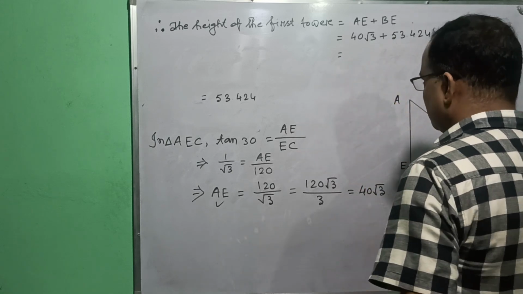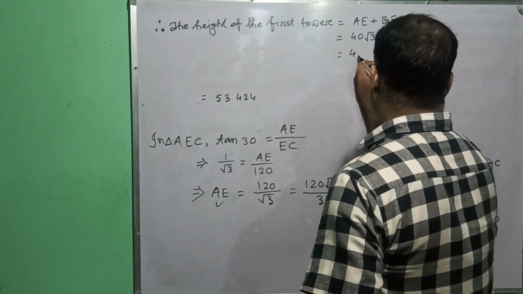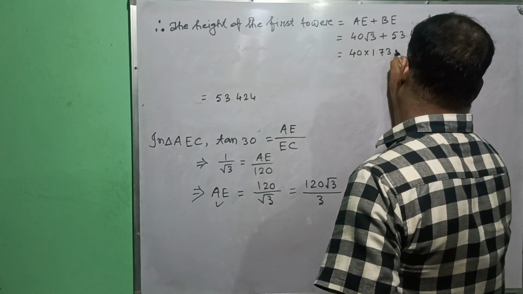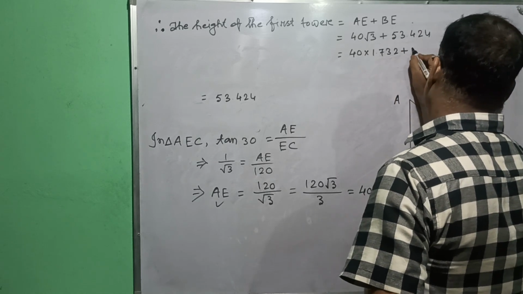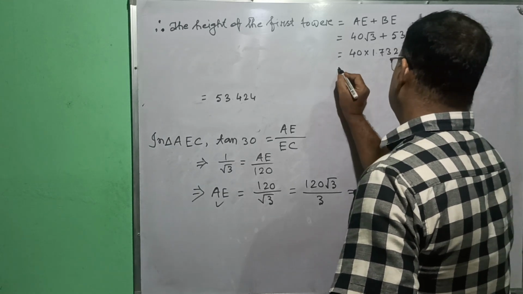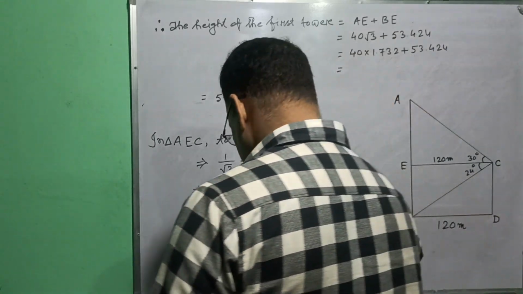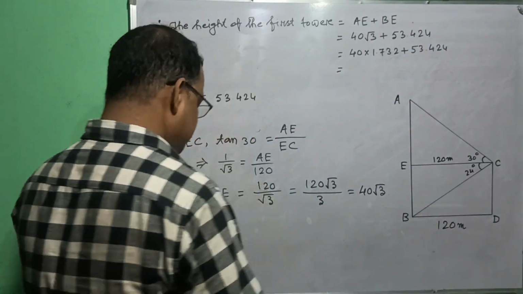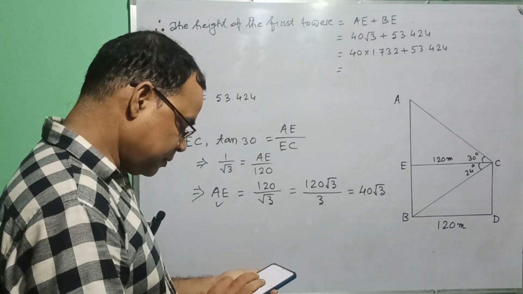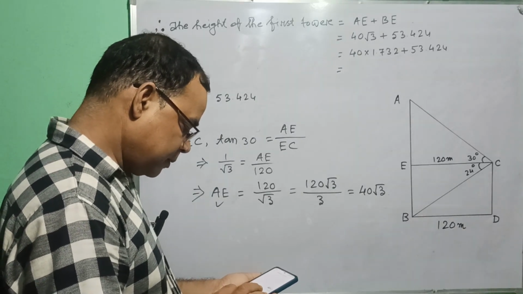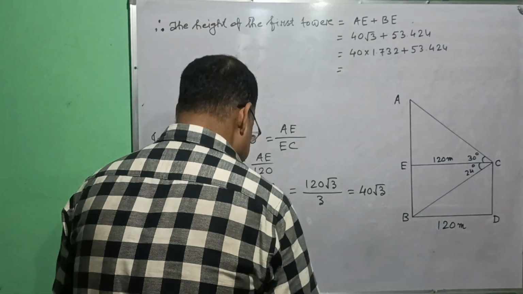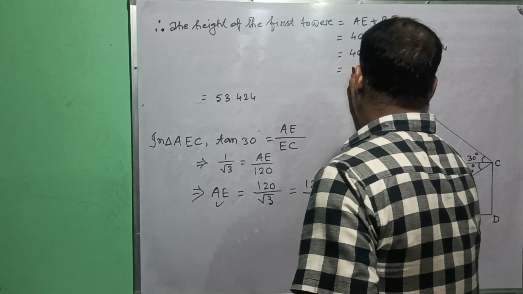Now we'll convert root 3. So it is 40 into 1.732 plus 53.424. Let me multiply again. So you have to multiply it manually. So it is 40 into 1.732 equal to 69.28.